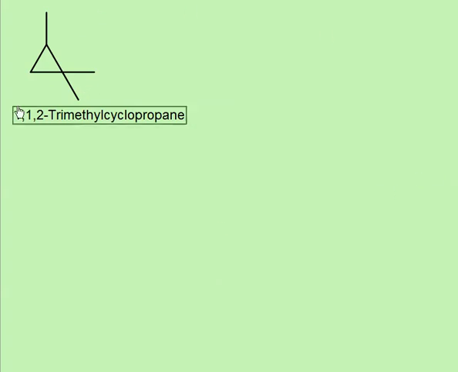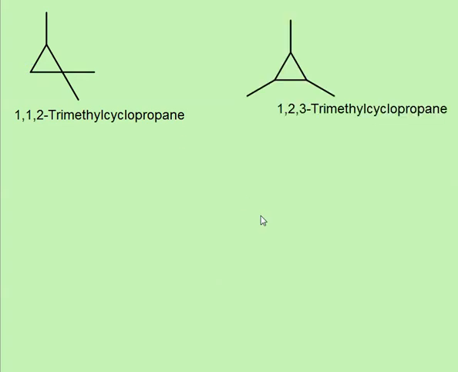We could stick the branches on 3 opposite carbons and give us 1,2,3-trimethylcyclopropane. Or we could put all 3 carbons together to make 1 long branch, and that would give us 1-propylcyclopropane.